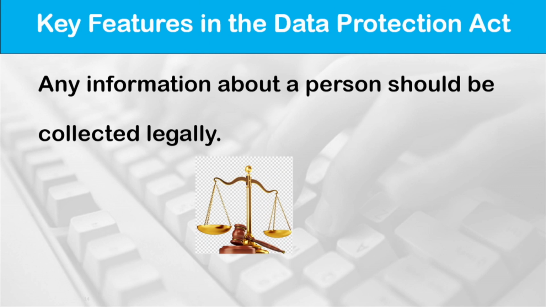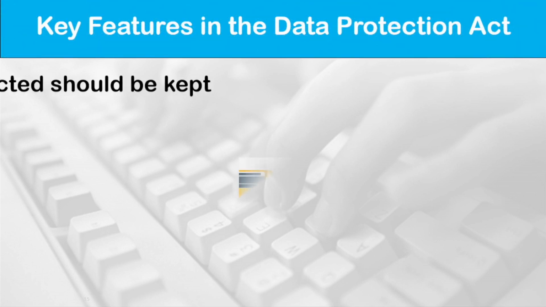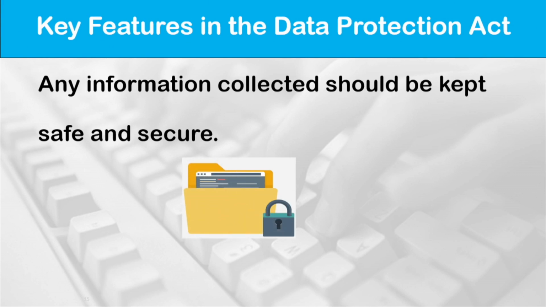Second, any information about a person should be collected in a legal way. The third feature is that any information collected should be kept safe and secure to avoid any misuse or mishandling of data.